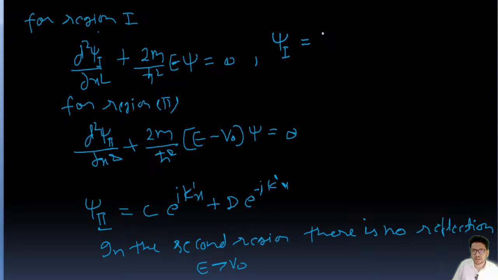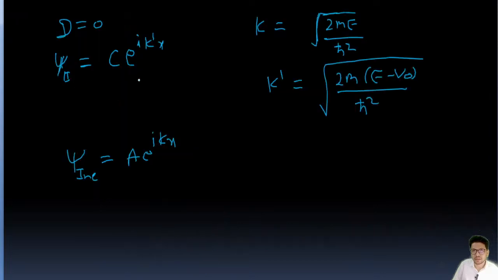It is A e to the power iota kx plus B e to the power minus iota kx, right? So this is the incident wave function, the reflected wave function, and this is the transmitted wave function.